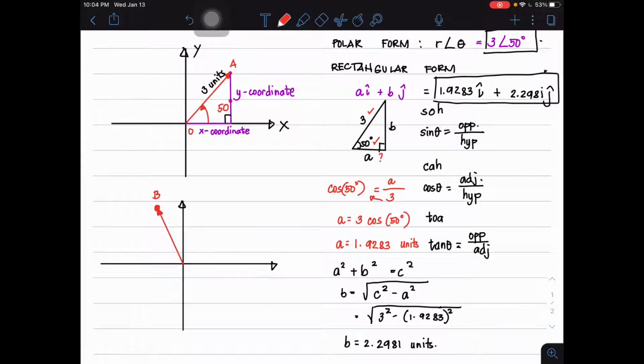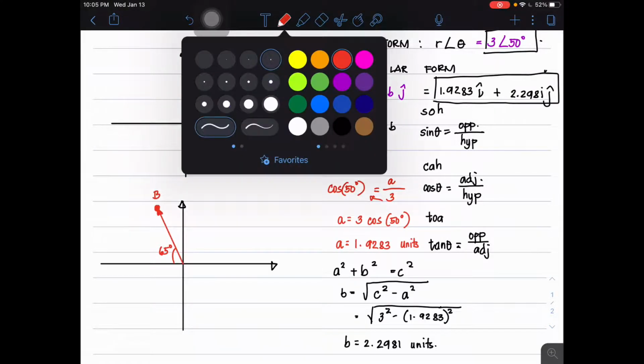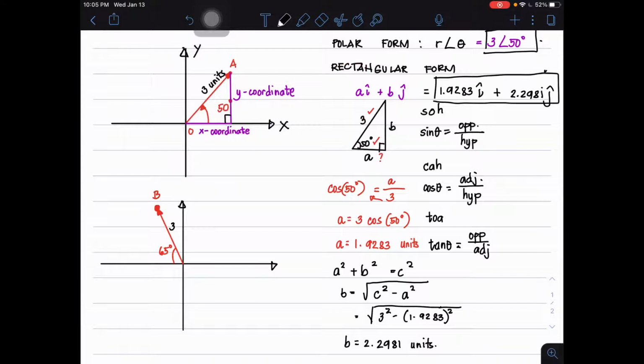Let's say this angle is equivalent to 65 degrees, and let's say this is also 3 units. This is positive x and that's positive y.